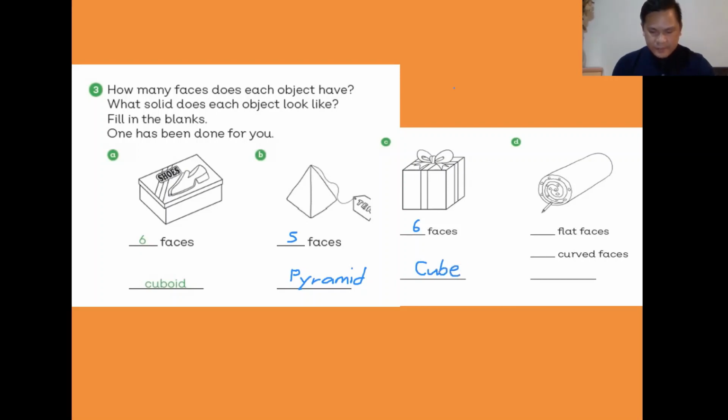Next, letter D. How many flat faces do you see in letter D? Let's count, 1 and 2. So it has 2 flat faces. How many curved faces? It has only 1 curved face.